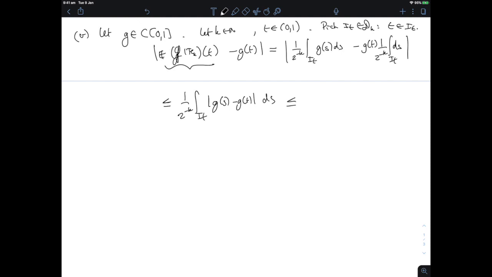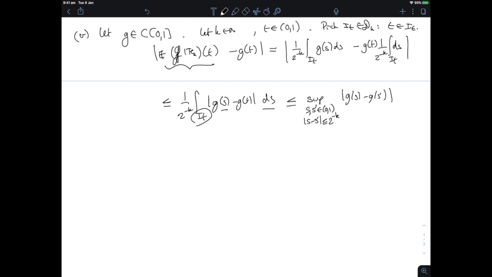So this whole thing here is certainly smaller than the supremum over all possible s and s prime in the interval [0,1] that are close together. The distance between the two cannot be more than 2 to the minus k. You can vary s as much as you want over the interval, you're never going to get further than 2 to the minus k from t.